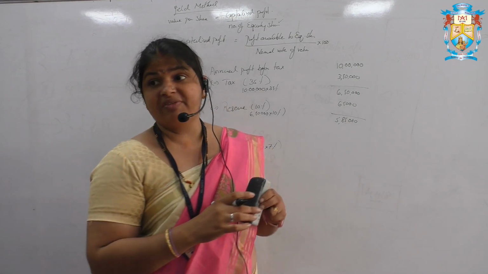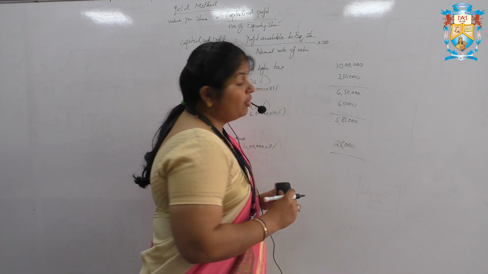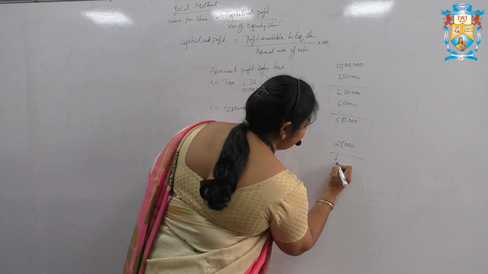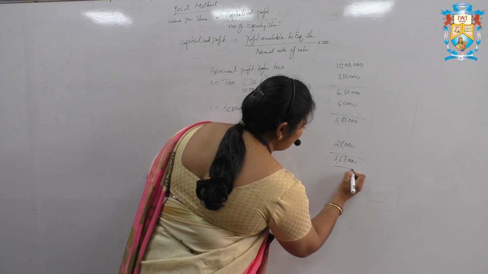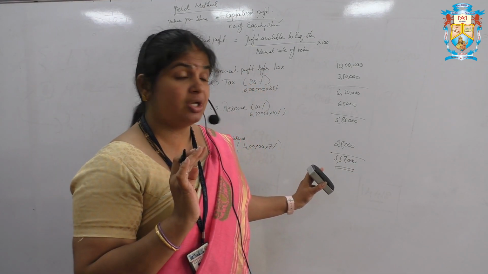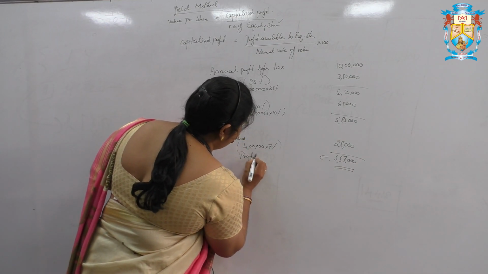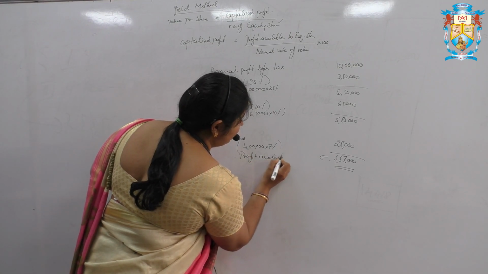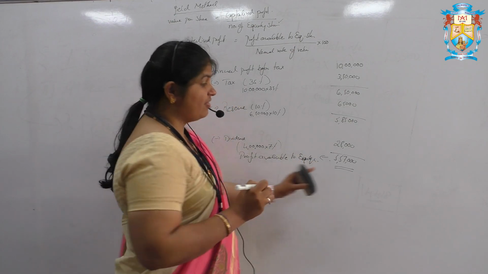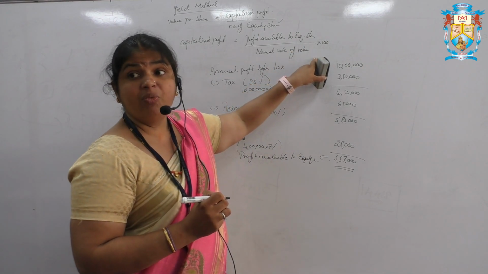So 4 lakh into 7% is 28,000. The balance is 5,57,000. After giving the dividend to the preference shareholder, the equity shareholder comes next. So the profit available to equity shareholder is 5,57,000.